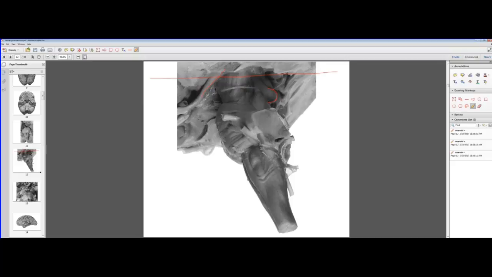When you slice this way, you see that as a bump on the outside. Now, the fifth nerve is kind of midway in the pons. When you cut through this way, you would see, as an example, the middle cerebellar peduncle.